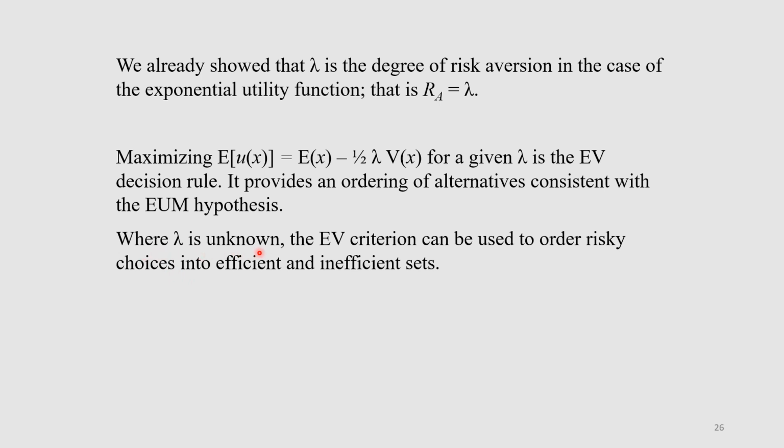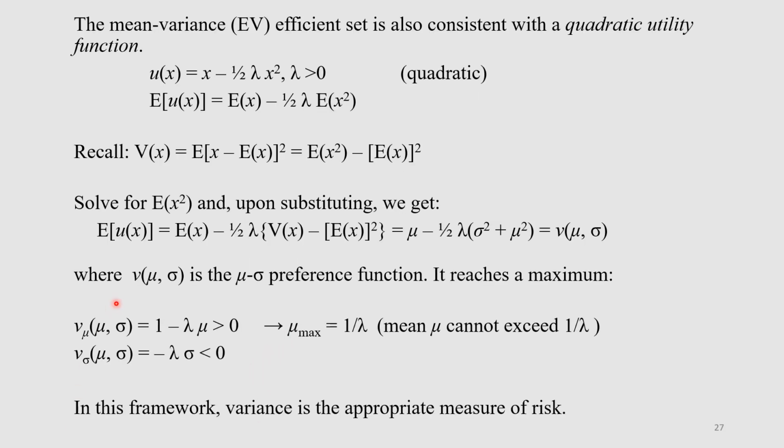Where lambda is unknown, the mean variance criterion can be used to order risky choices into efficient and inefficient sets. The mean variance efficient set is also consistent with the quadratic utility function. So we can work that same thing out and we come to about the same result.